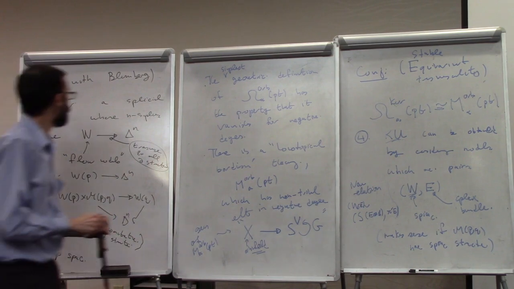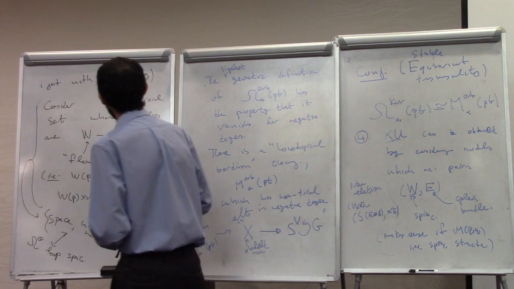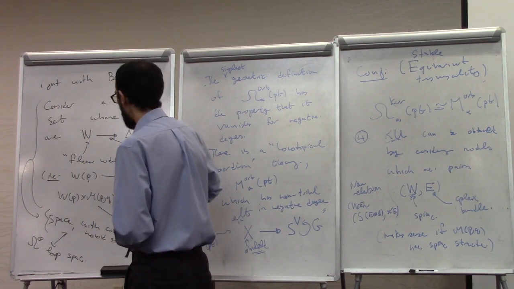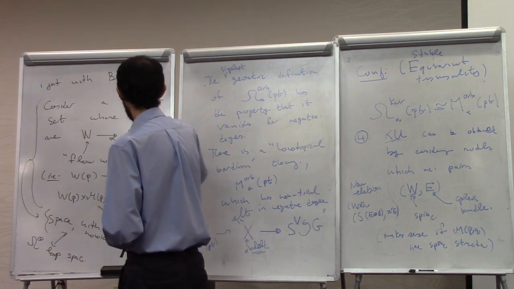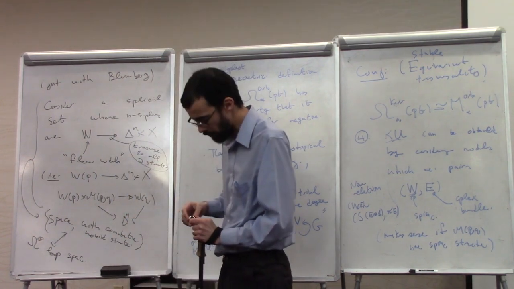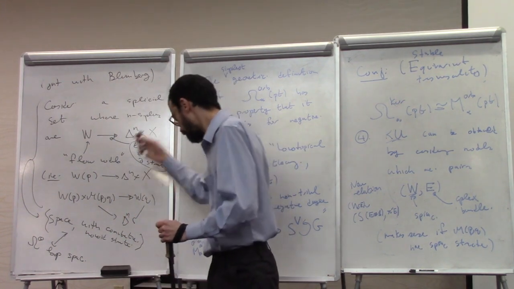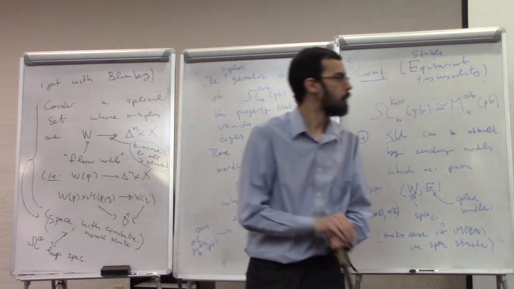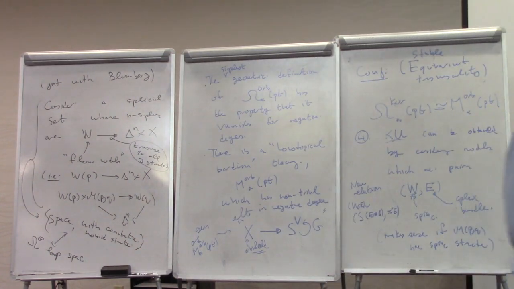You have to introduce just one more piece of information, which is that you want to work parametrically over all spaces. You just introduce an extra parameter, and then you can show that this will also give you a spectrum. Okay, I will stop here.